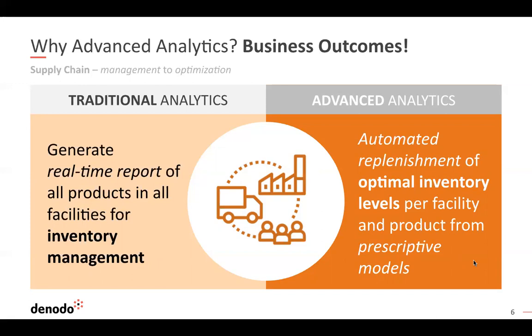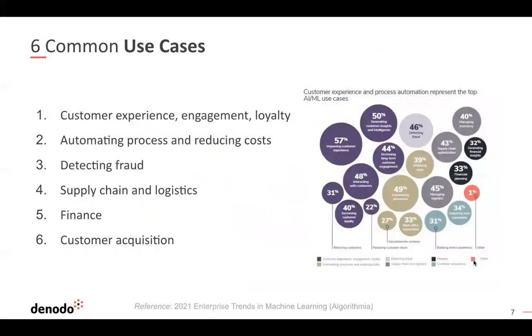Have they looked into what the predictions are and how they can automatically replenish the inventory per facility and per product, based on the prescriptive models of advanced analytics? That way they can ensure that they have enough inventory and optimize their supply chain accordingly to serve the supply demands predicted for the future.